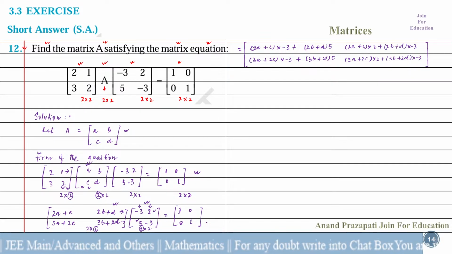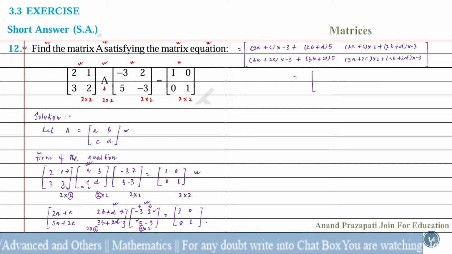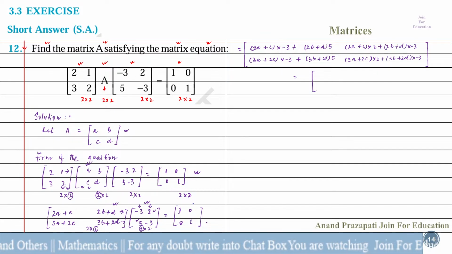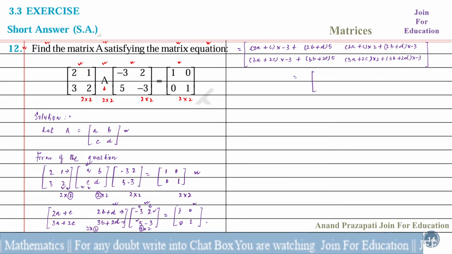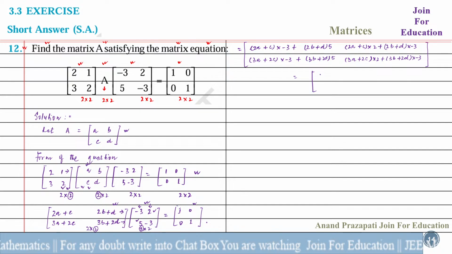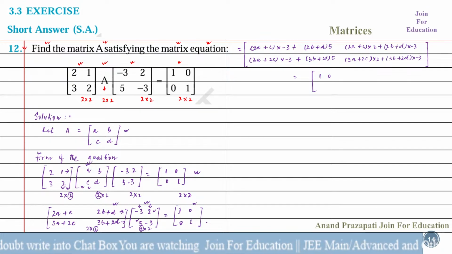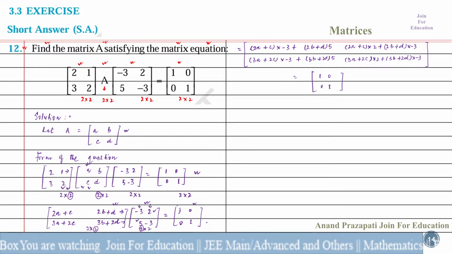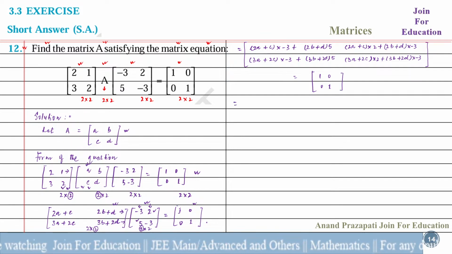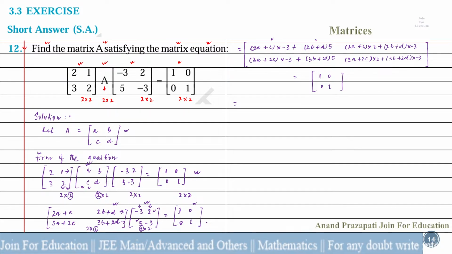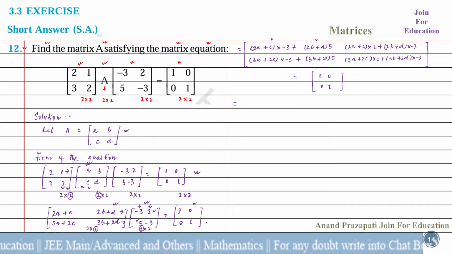Equal to, we write down this one, 1 and 0 and 0, 1. So after the multiplication and simple addition and subtraction, we get the next step.